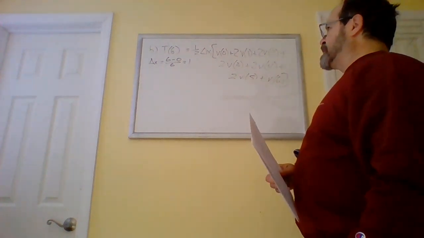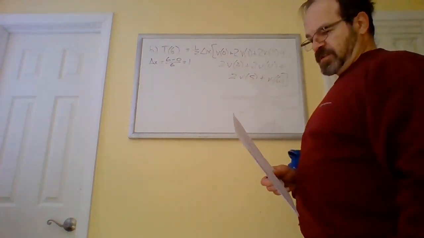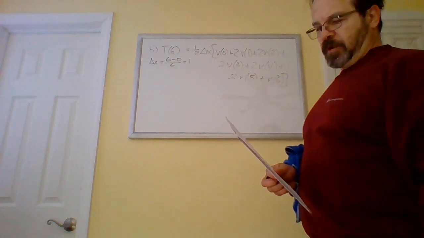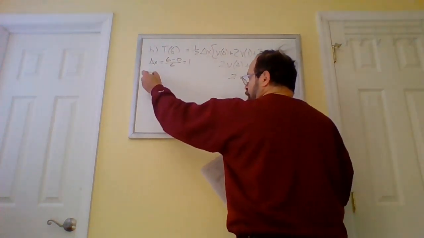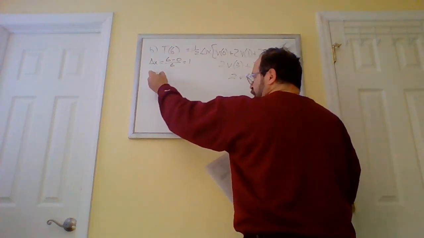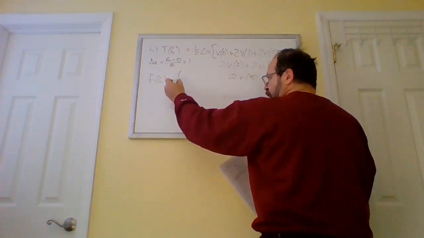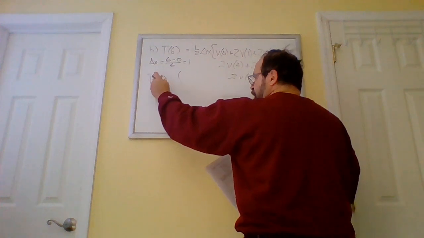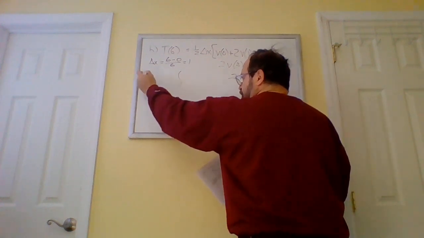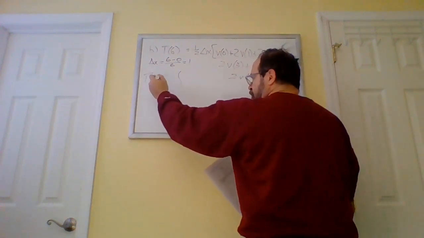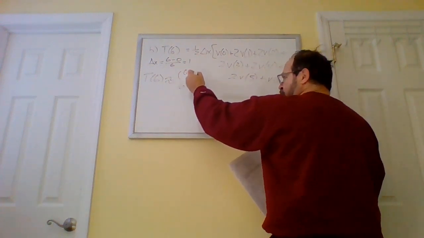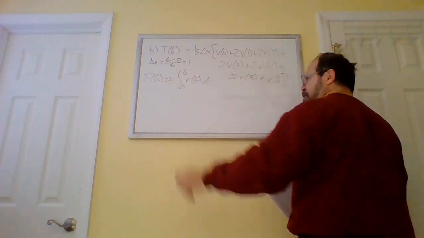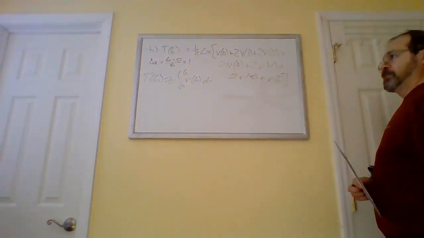So what this represents is the 6 trapezoids we can get under the curve to approximate the actual area, which will be f of 6. We're going to use T of 6 to approximate the area from 0 to 6 of v of t dt. That's what we're doing.